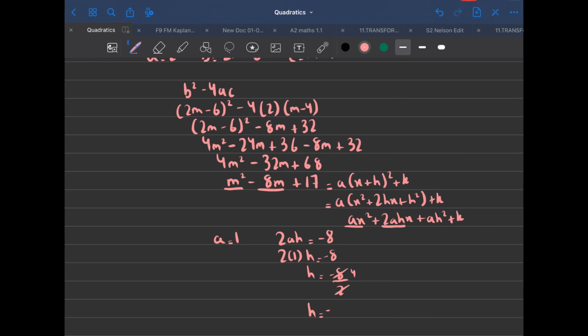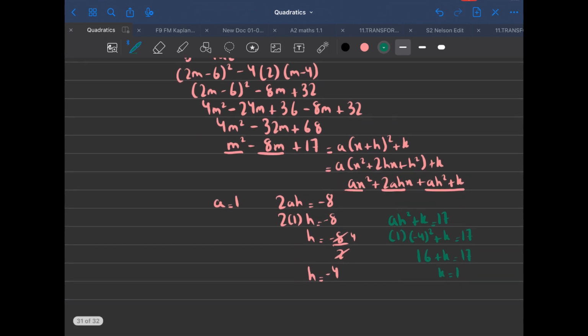Got this? Once I get this, then ah squared plus k is equal to 17. What's a? 1. What's h? Minus 4 squared plus k is equal to 17. So it's going to be 16 plus k is equal to 17. My k will be 1. Do you get this? Now, I'm going to write like this: instead of x, there was m.